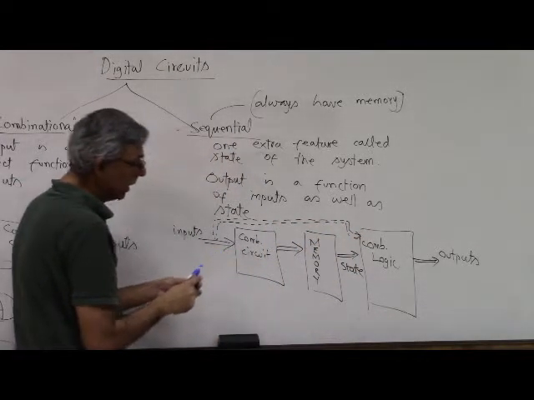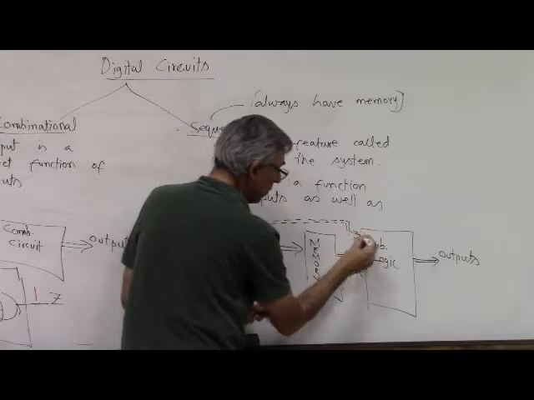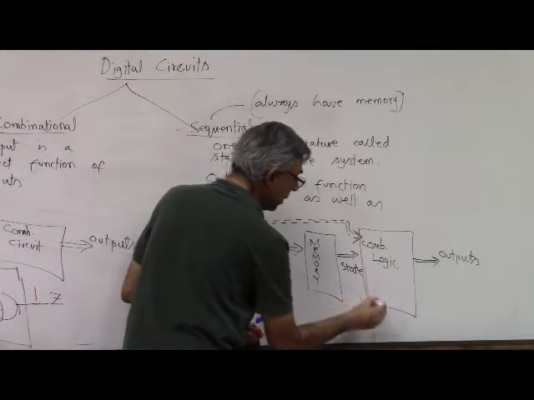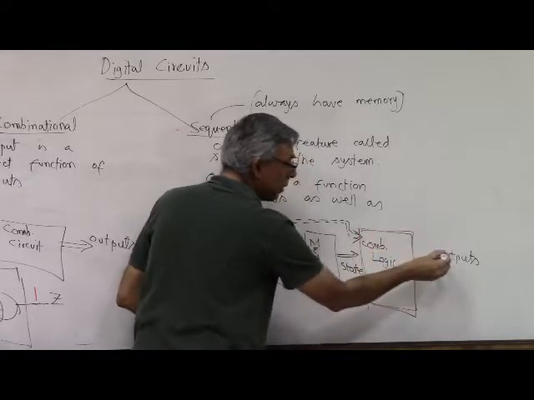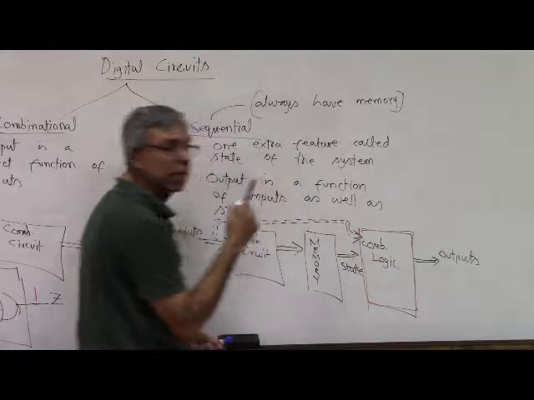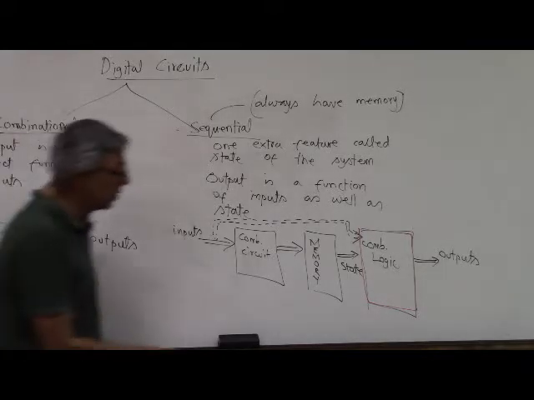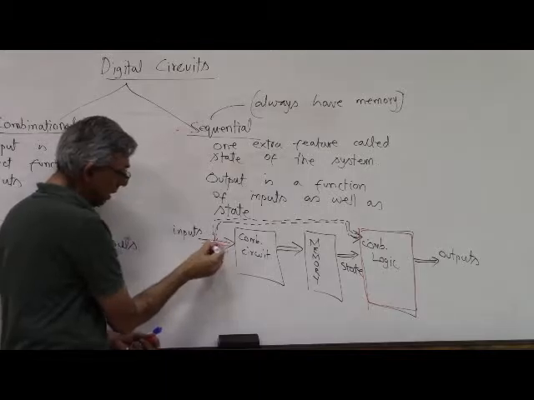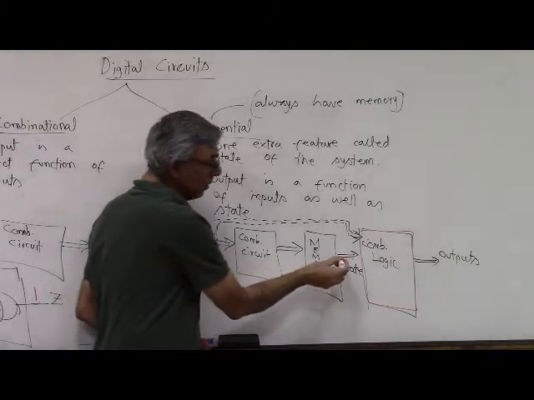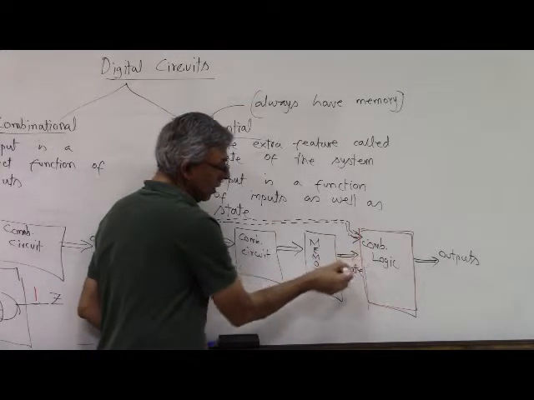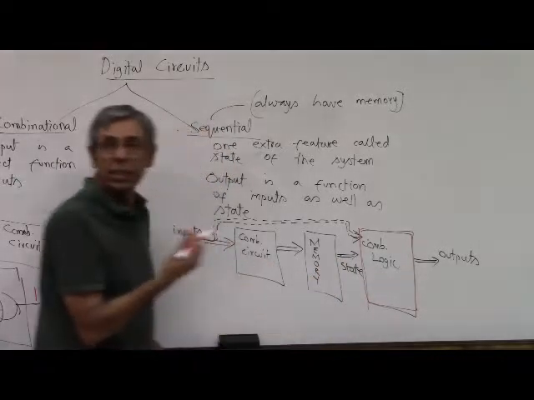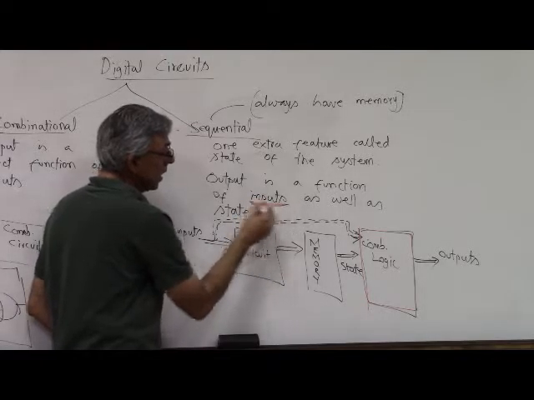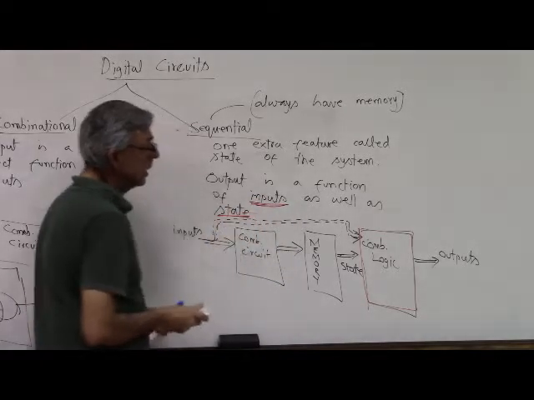Now if I further connect this part over here, focus on this last block, just this block. What do you see over here? Output is coming from 2 things, right? It's based on 2 things. What are those 2 things? What's this part over here? Inputs. What's the second part over here? What we call the state, right? So that's what we said, output is a function of inputs as well as state.